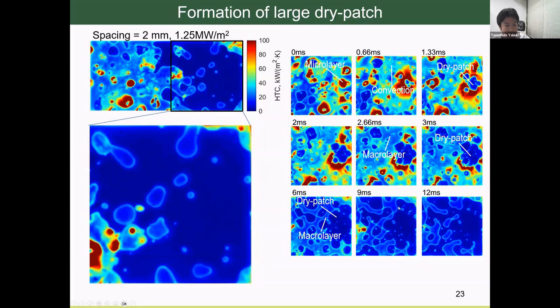Also we use very well designed, well aligned nucleation sites, and so it's necessary to confirm whether the macrolayer is formed even when introducing randomness in the arrangement of nucleation sites.